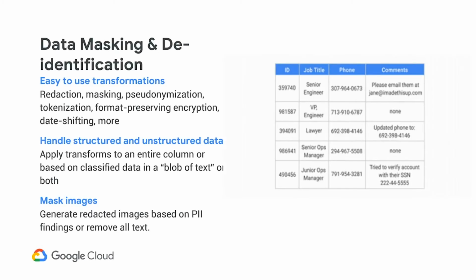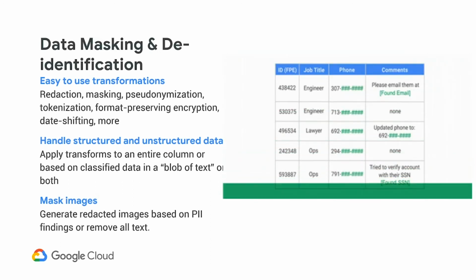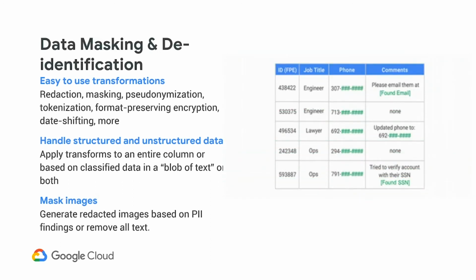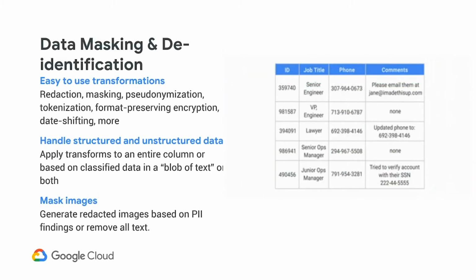The animation that we're showing here shows a before and after on some structured data. We're showing the application of a variety of different techniques here. Things like format preserving encryption, where we can take an identifier and produce another identifier that obscures the data but still keeps a lot of the integrity of the original data, as well as different types of masking or partial masking.